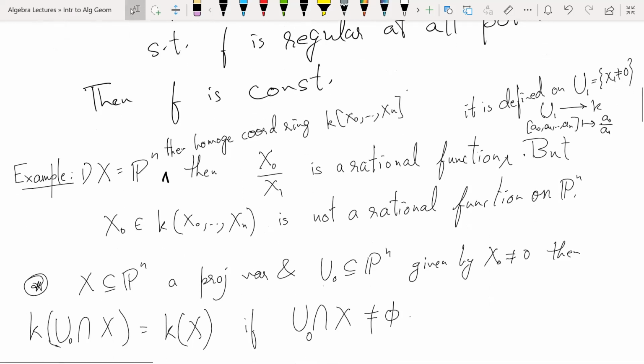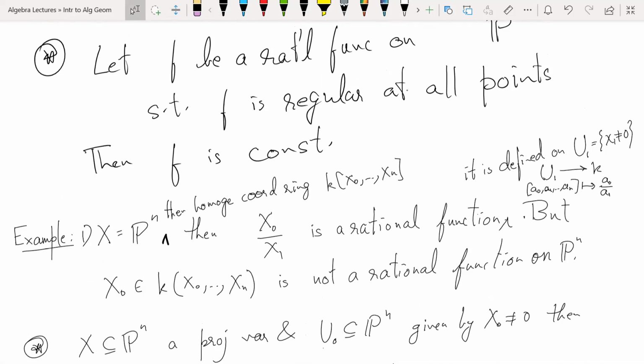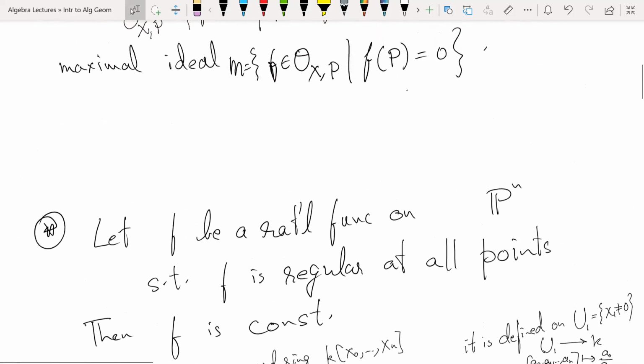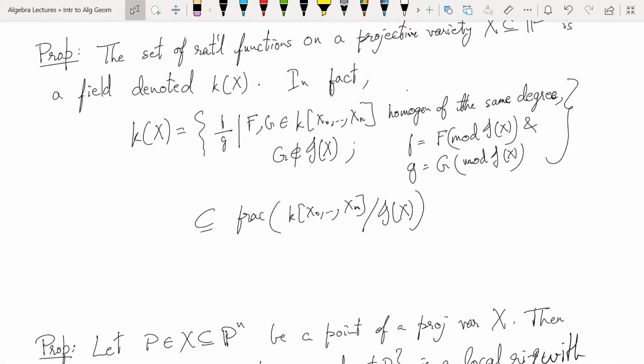But something like x0 is not a rational function. x0 is an element of the fraction field of this polynomial ring in n+1 variables, but it is not a rational function on Pn. Last time I told you that k(X) is a field, but it is strictly smaller than the fraction field of this ring, except maybe in some trivial cases.